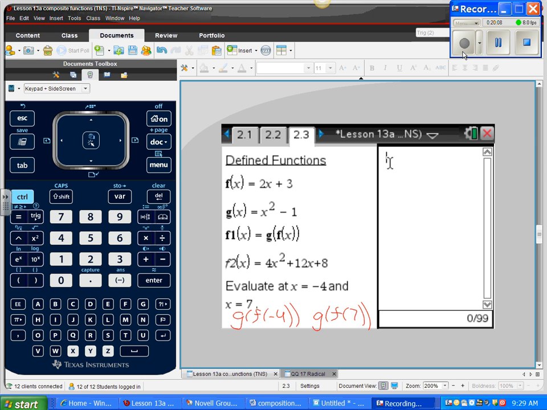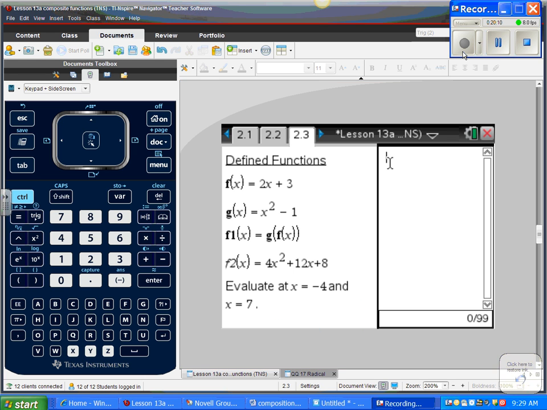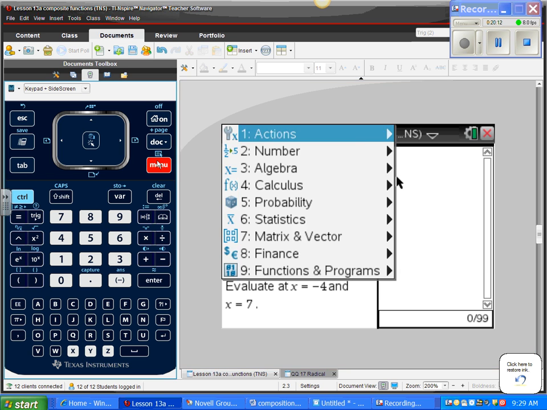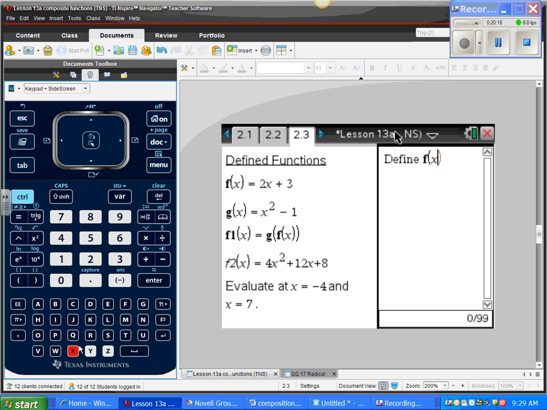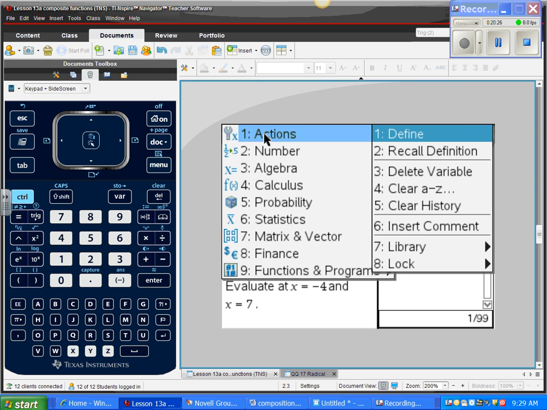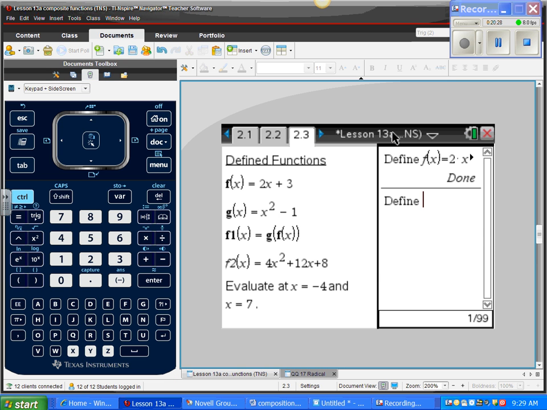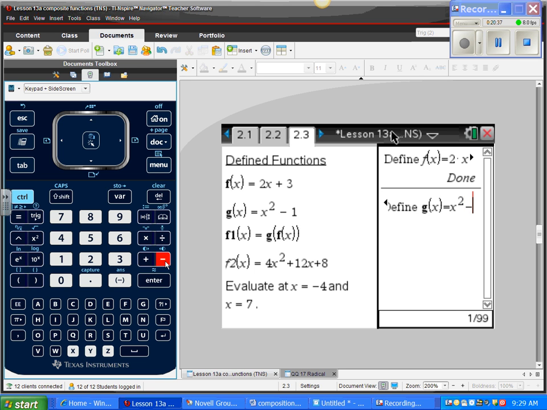Okay, so the first one I want to find is g of f of negative 4. So I have to do my menu actions define, right? Okay, we're going to put in my f of x equals 2x plus 3. Then menu actions define. I have to do my g of x as well. X squared minus 1.